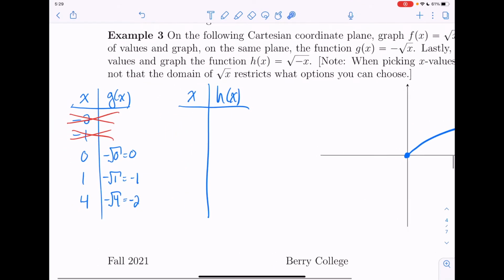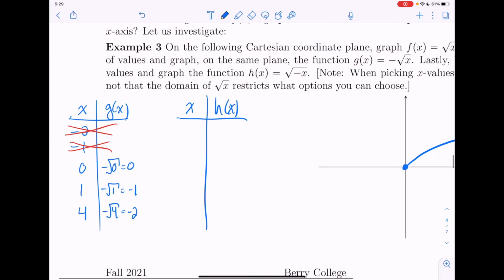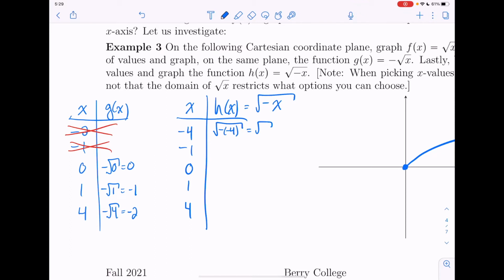So here I have g, and then let's take a look at h here. So look at h. h is the square root of negative x. So if I were to try to put in similar values, let's try negative 4, negative 1, 0, 1, and 4. Observe that negative 4 is now a valid input. So we'll do the square root of negative negative 4. That's the square root of positive 4, which is 2.